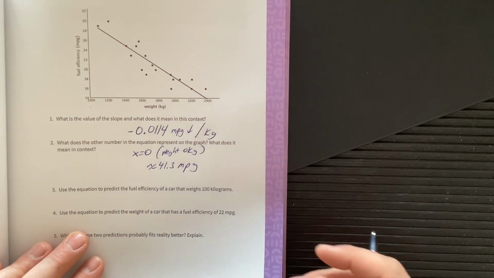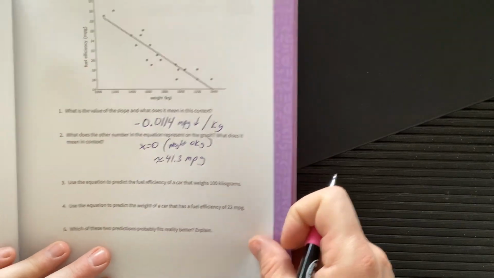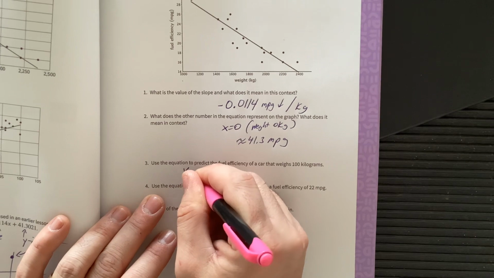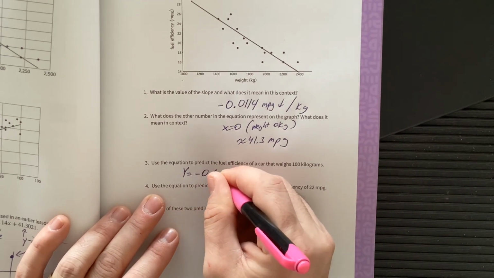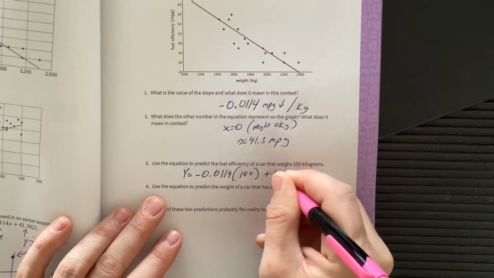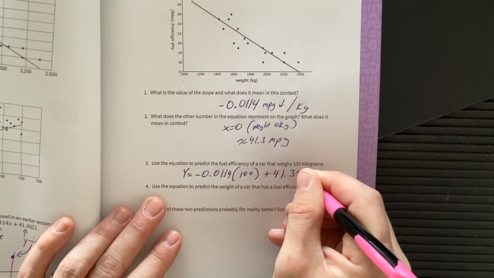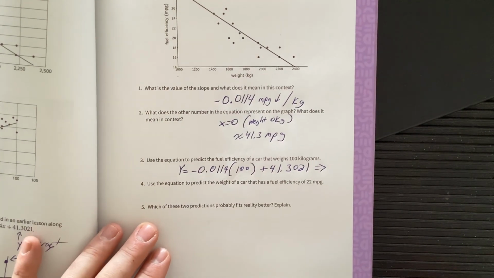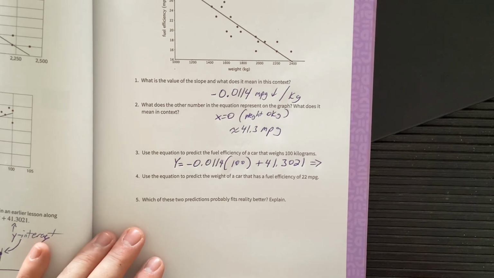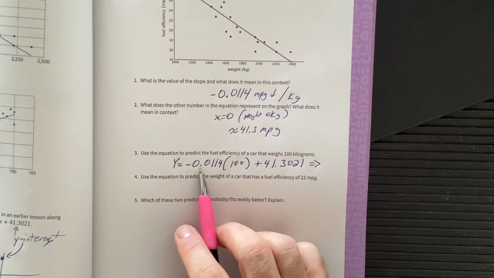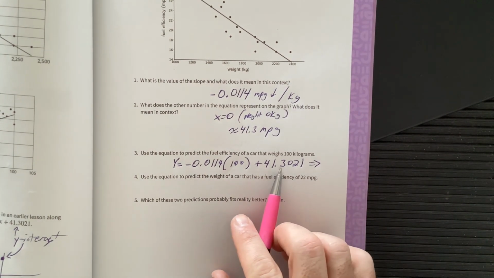Okay, use the equation to predict the fuel efficiency of a car that weighs 100 kilograms. All right, we're going to use that equation that it gives us. And instead of x, it wants us to plug in 100. So you're going to need a calculator or Desmos for this. I guess you wouldn't need to, you could maybe do it by hand. I'm going to multiply and add it to this.